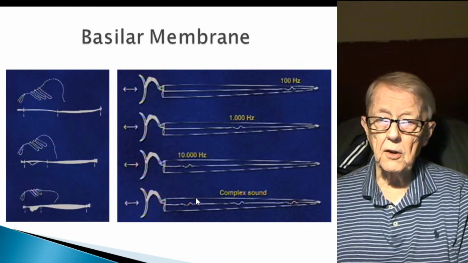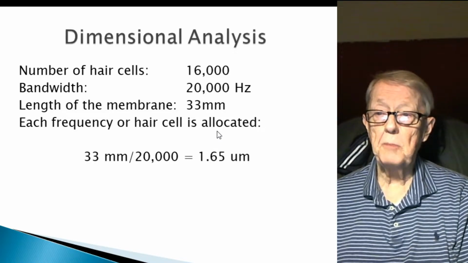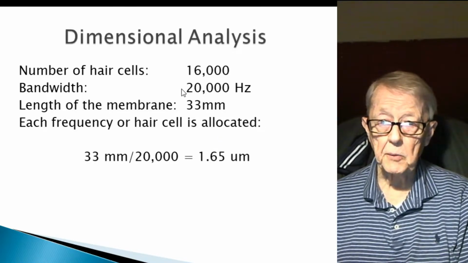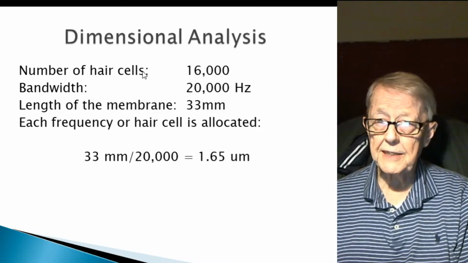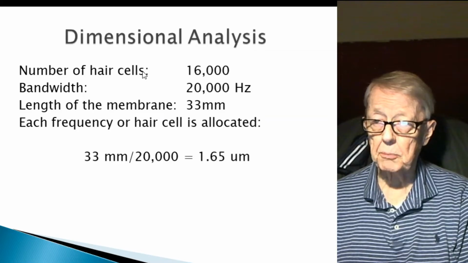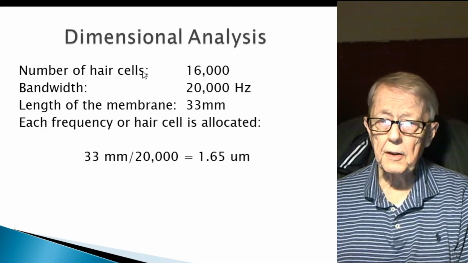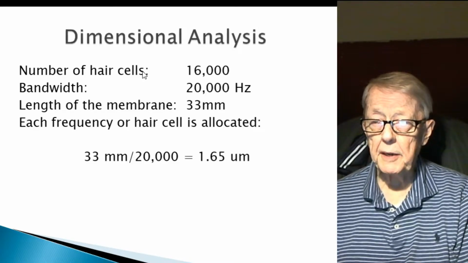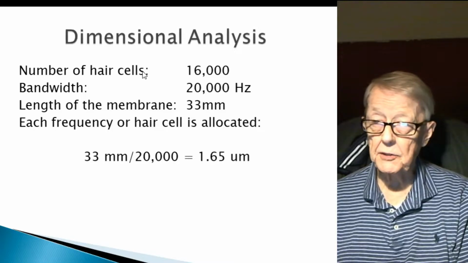So let's do some sort of analysis. This is my analysis. I didn't find this anywhere. The speaker in the video said that there are approximately 16,000 hair cells in the ear. And he claims it's not very many compared to many other cells in the body, including hair cells.